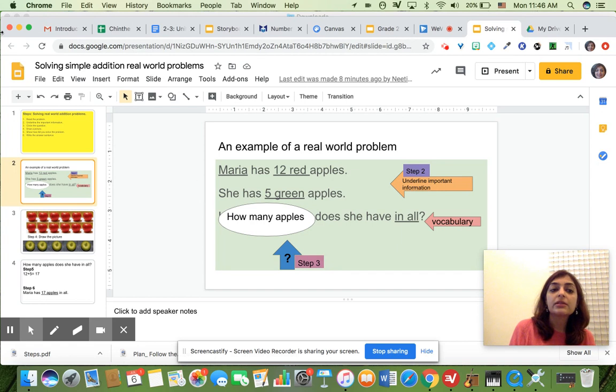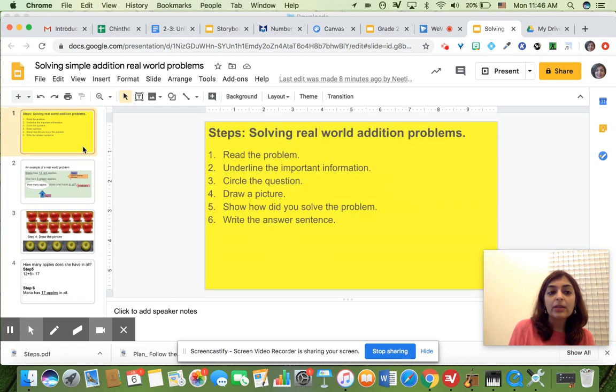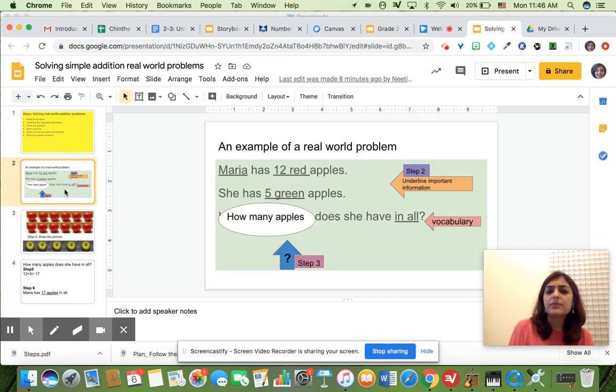Let's look at the next step. Well, the next step says underline the important information. Let's look at what it means. What is important information? Well, important information is the numbers. What have you been given? What do you know?